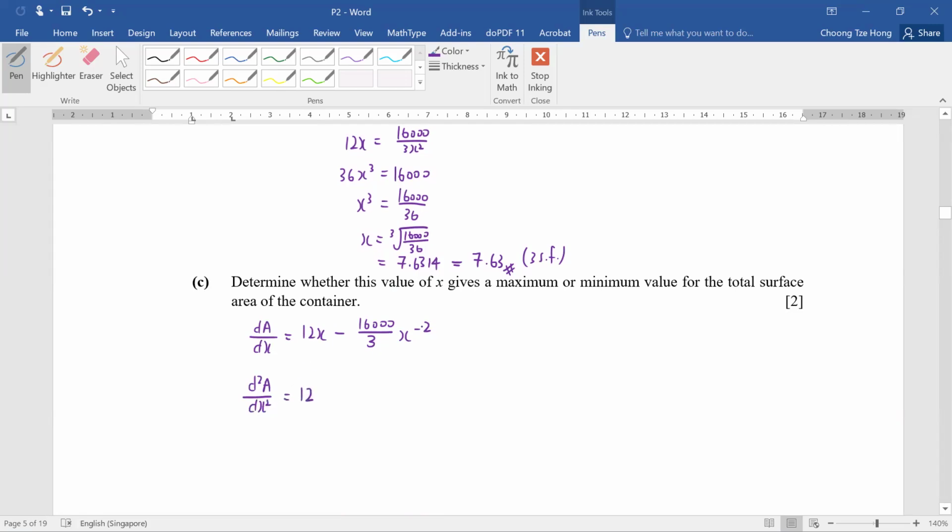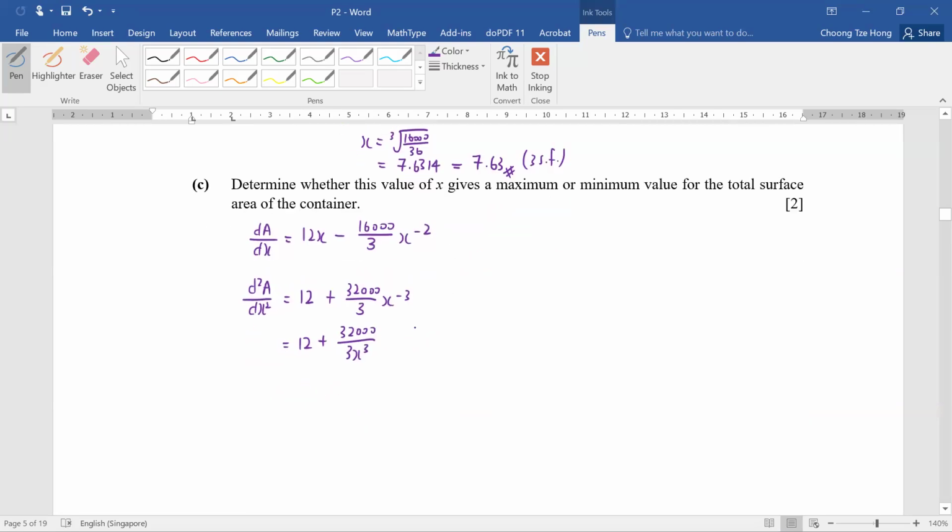Differentiate 16,000 over 3 times x to the power -2, times -2, so you get plus 32,000 over 3x to the power -3, which is 32,000 over 3x cubed.